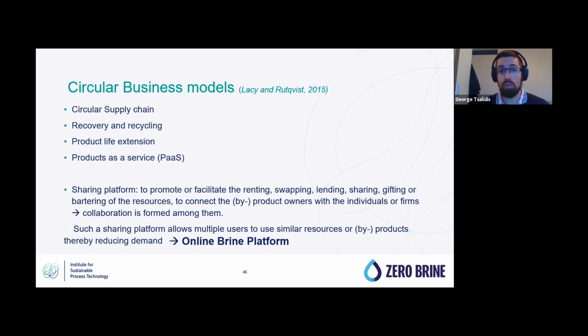Because ISPT is not the administrator of the platform. National Technical University of Athens is the administrator of and the designer on the platform in the Zero Brine project, and they will continue doing this also after the end of the project.